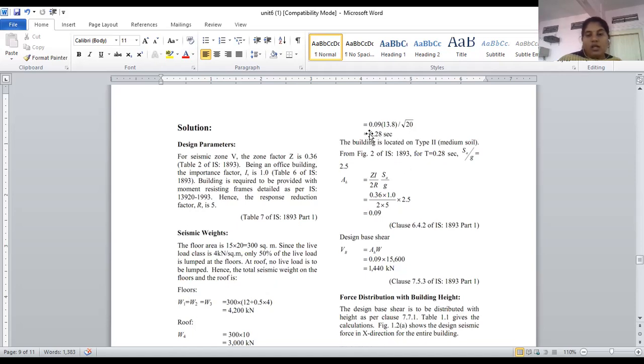So from that directly we'll get Ta is equal to 0.28 second.